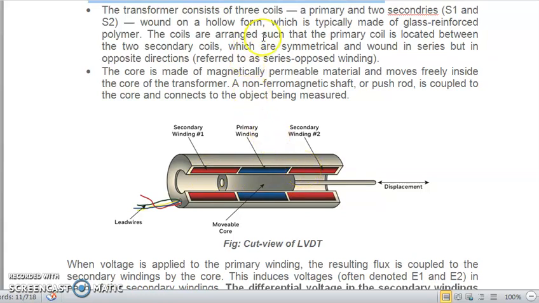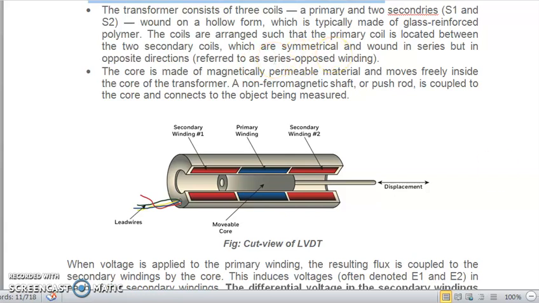The hollow form is typically made of glass reinforced polymer. The coils are arranged so that the primary coil is located between the two secondary coils, at the center. The two secondary coils are symmetrical and wound in series but in opposite direction. That is known as series opposed windings.